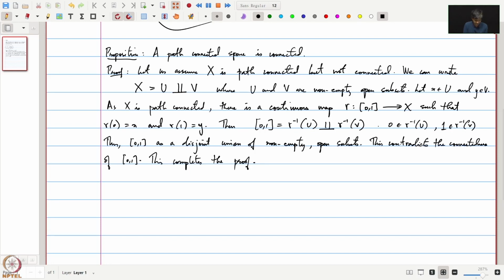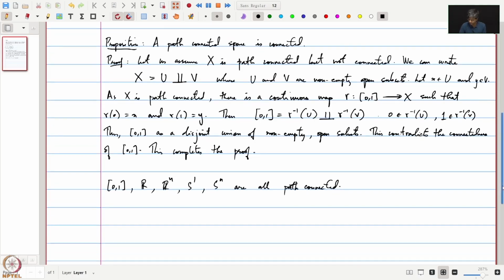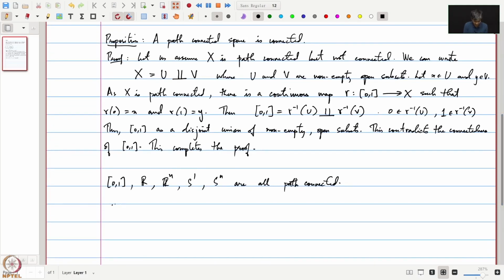Right. So let's see some examples. So [0,1], all these nice examples that we know are all path connected. If we take the interval [0,1], then any two points A and B, we can join by a straight line.